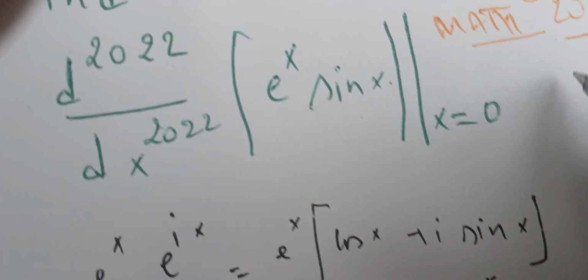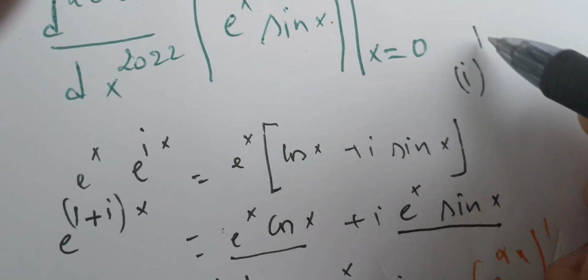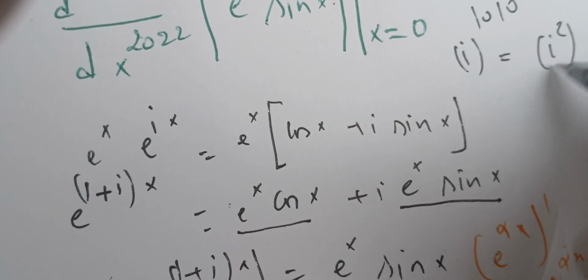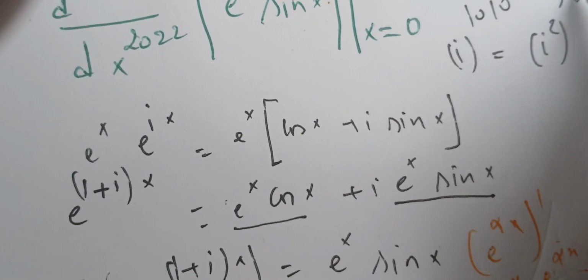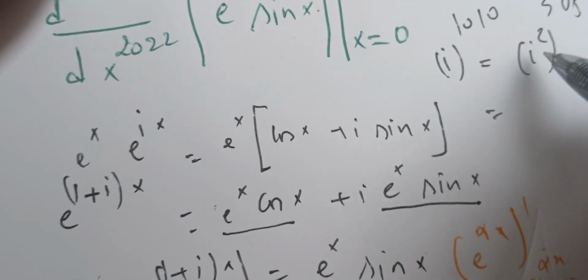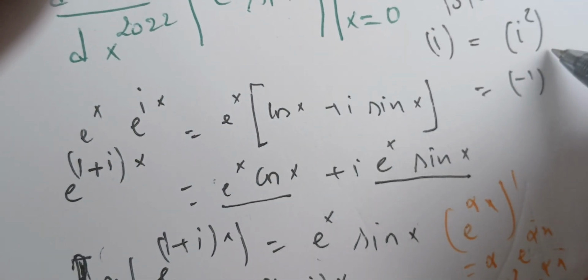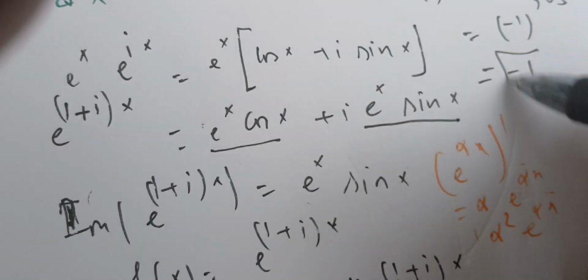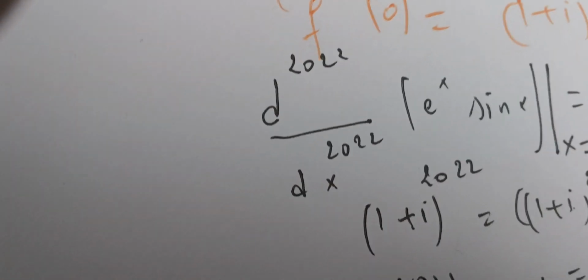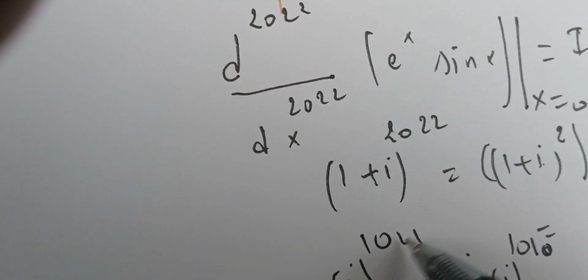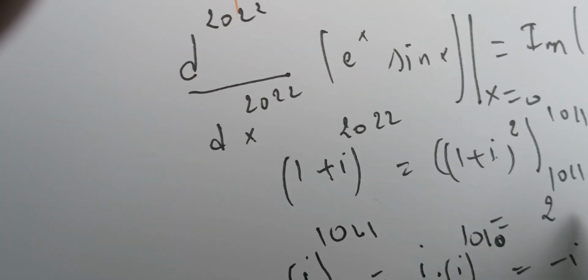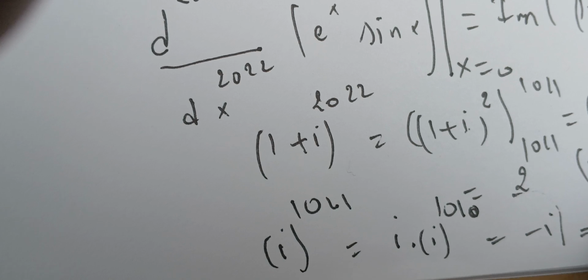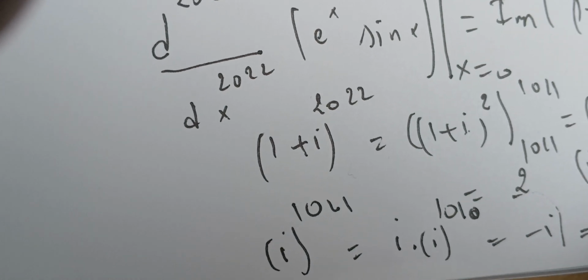Let me write here: i to the power 1010 is (i squared) to the power 505. What's i squared? Minus 1. And minus 1 to an odd power is always minus 1. So therefore, i to the 1011 is just minus i. And therefore, this number is minus i times 2 to the 1011.